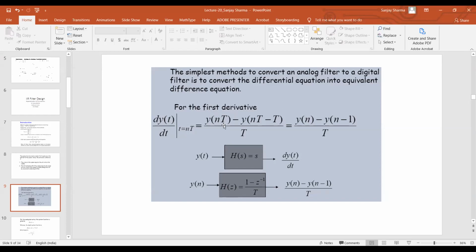This approximation is known as the backward Euler approximation. We can write the derivative as y of nT minus y of nT minus T, divided by T. That means the difference of one sample divided by one sample time. That is what is known as the backward Euler approximation, where the derivative can be expressed like this.